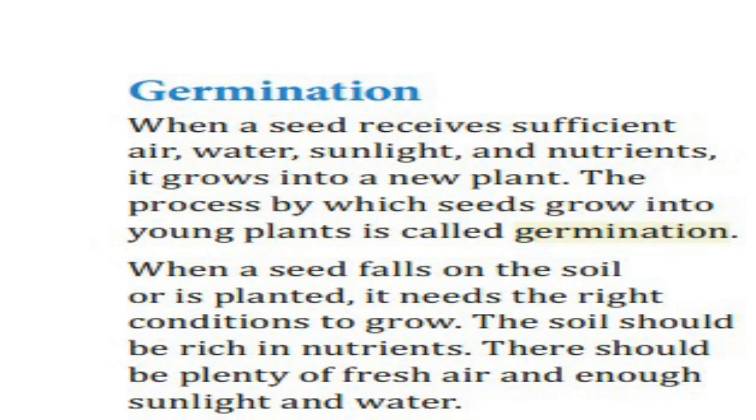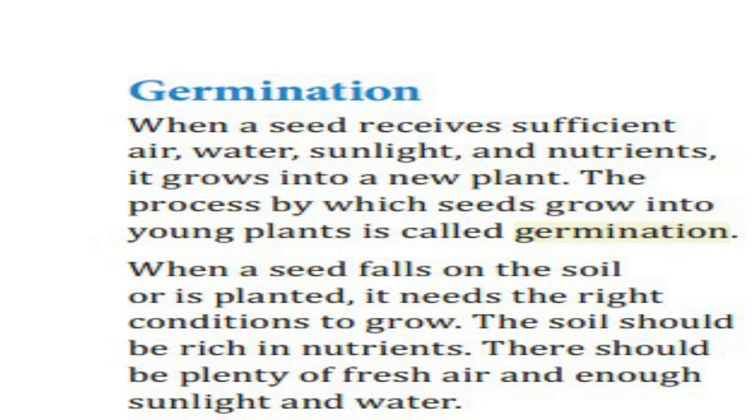So now at this point we have to learn about germination. What is germination? When a seed receives sufficient air, water, sunlight and nutrients, it grows into a new plant. The process by which seeds grow into young plants is called germination. So this is the definition of germination.